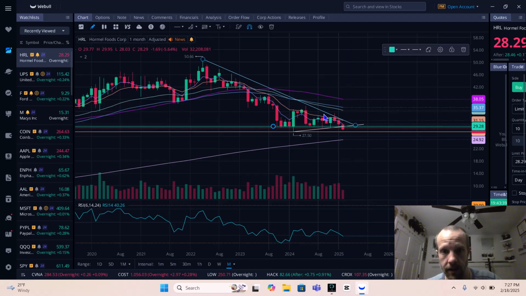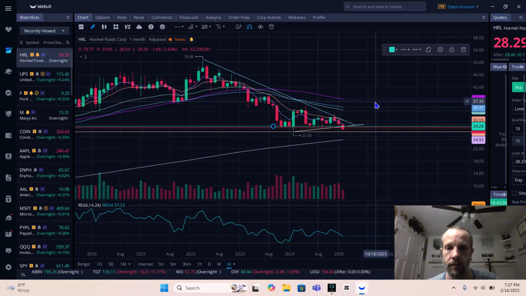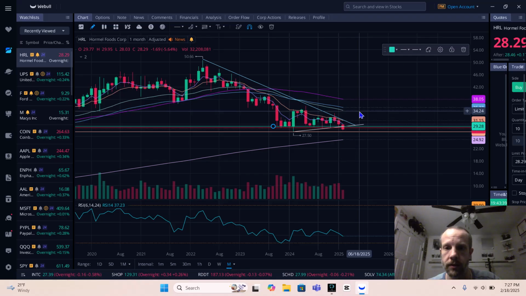And if it can break out above it at some point in the next several weeks, then it could be a good swing trade with lots of room to the upside, at least 5 or 10 full dollars on the share price, which could be really good for options or even just swinging shares. So keeping an eye on that one.